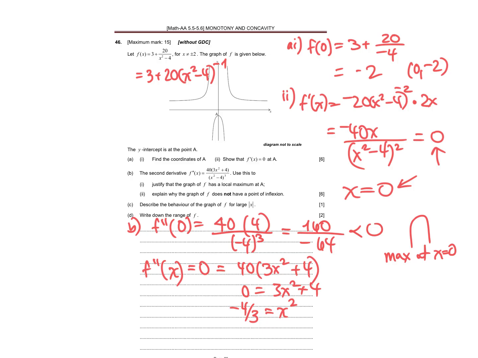So, because it's getting closer and closer to that horizontal asymptote. y equals 3, so that's C. Write down the range of f. So we are going to have y greater than 3 for that top part, or y less than or equal to negative 2, because that's the max there.